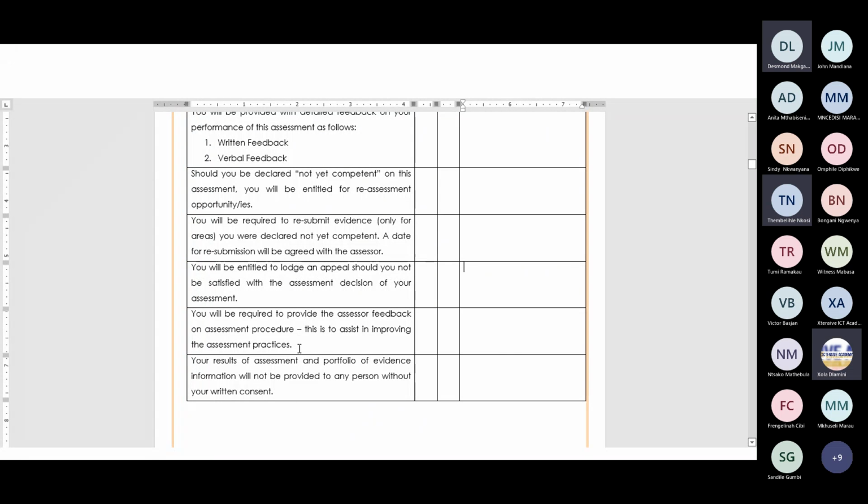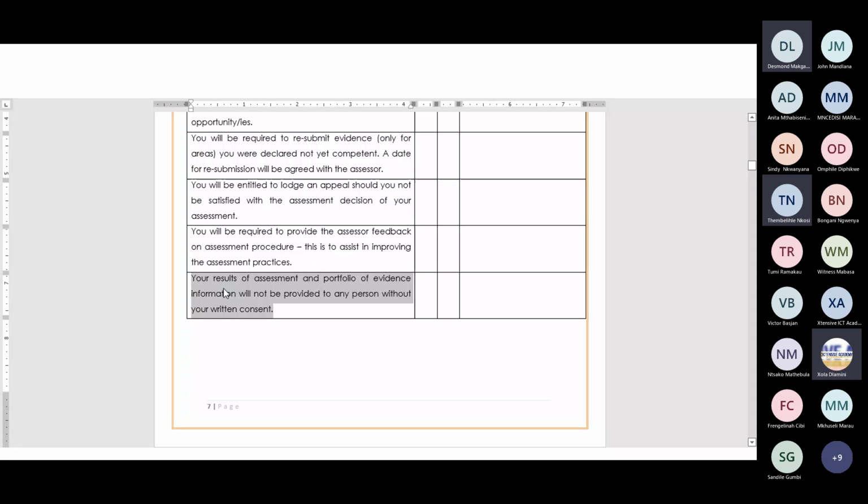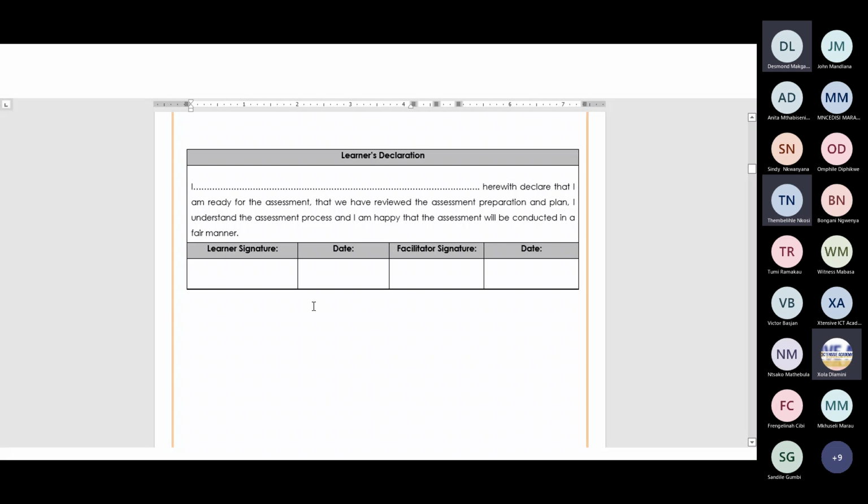You'll be required to provide assessment feedback on the procedure, that's the point that I was reading now, and your results of assessment and your portfolio of evidence will not be provided to any person without your consent. So we try and keep it private. Your mother will not get your results unless you write us a letter and tell us you need us to give your POE or your results to your mother.